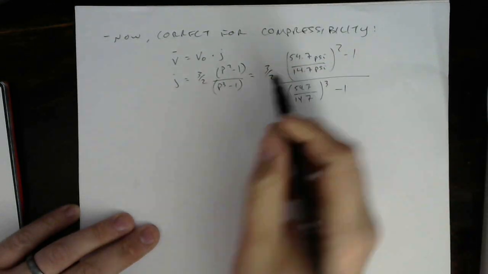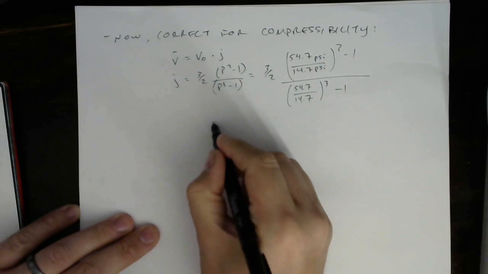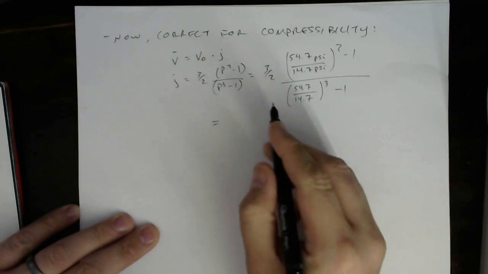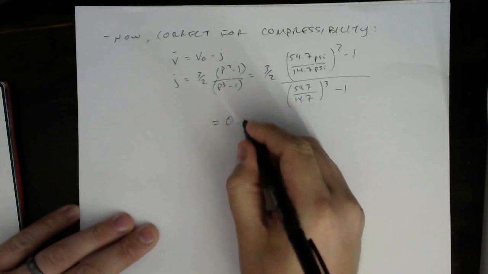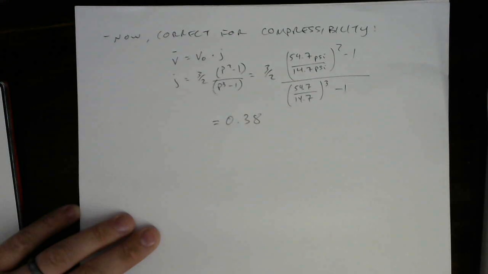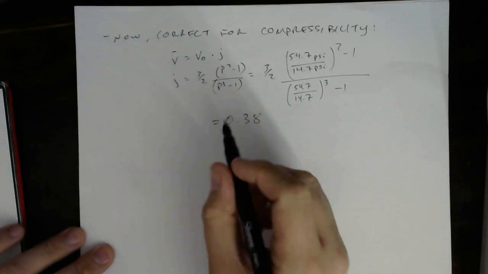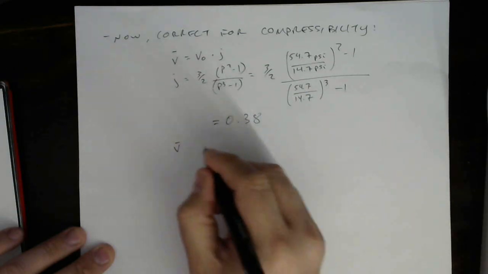I'm going to take this whole J term and plug and chug it for you. It turns out to be 0.38.